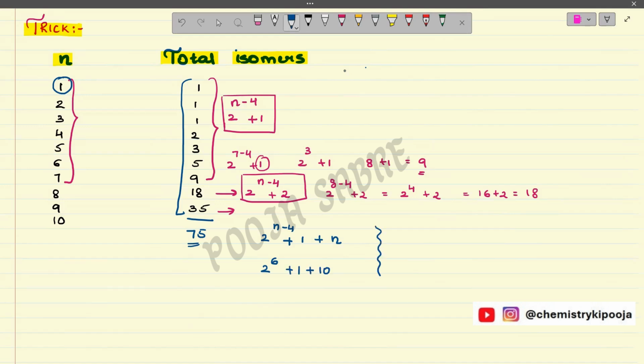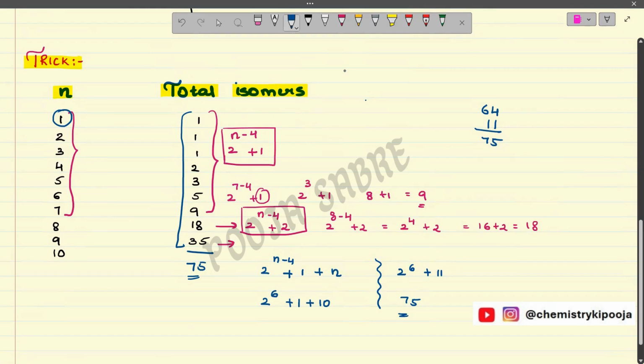So what is the answer over here? 2 raised to 6 plus 11. 2 raised to 6 is 64, and then plus 11, I'm going to get the value as 75. Is that clear? So likewise, after 10, you can use this formula. But I think up to 10, you should know all the isomers, and then based on the formula, you can quickly find the answer.